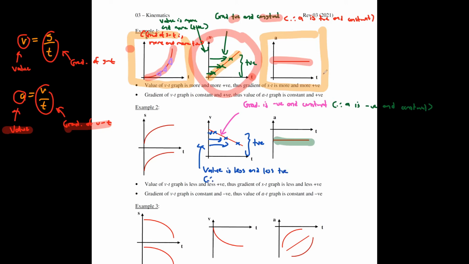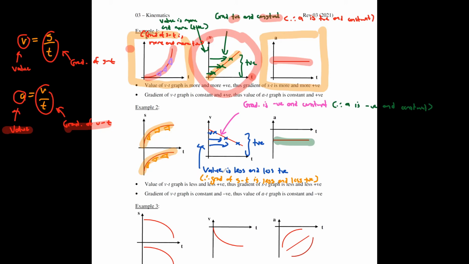Therefore, maybe I just write this. Therefore, gradient of ST is less and less positive. So you could end up with either a graph like this or a graph like this. Notice that both graphs have gradients that are actually less and less positive.